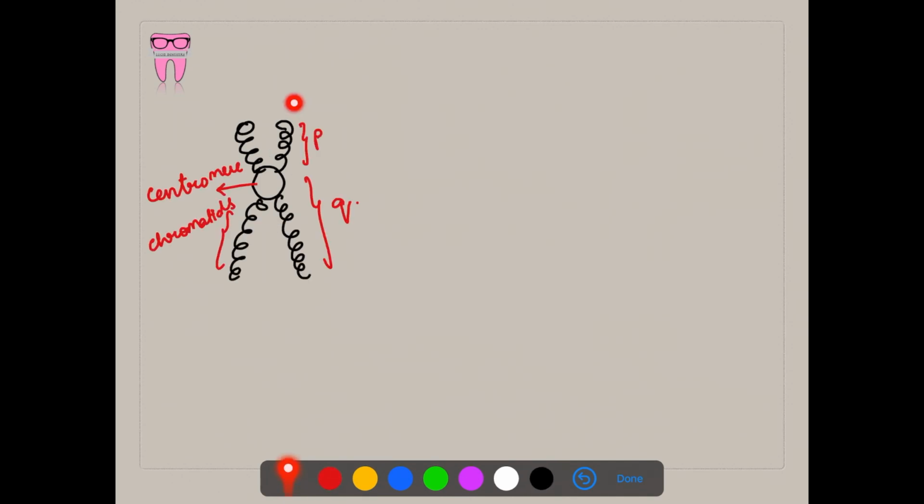Now here is a small diagram of a chromosome. This is a centromere, these are chromatids, and the small arms of chromatids are known as P arms, long arms are known as the Q arms. Now we all know that chromatids are formed by DNA. Now this DNA is made up of segments known as genes.